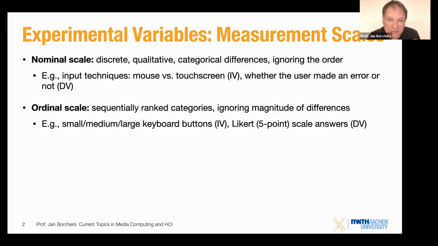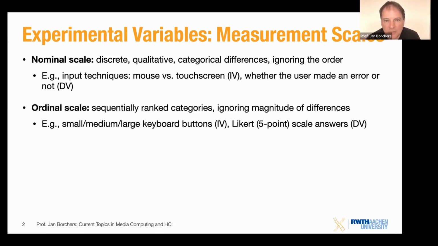That clearly makes sense from a value point of view. But I am not saying how much the difference is. So I'm not measuring key size in square millimeters or anything like that. So there are some cases in which you have these ordered categories that do not give you a measurable distance.